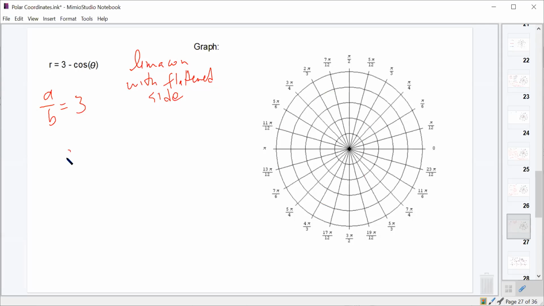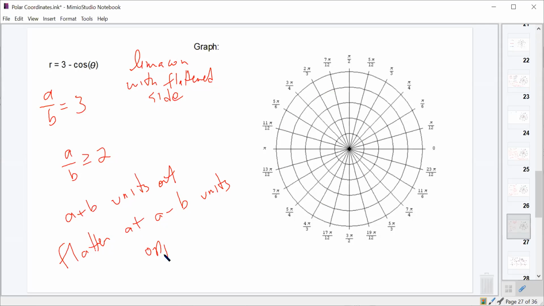And anytime the ratio of a to b is greater than or equal to 2, that's the kind of lemniscus that we will have. So it will extend out a plus b units still, and it will flatten at a minus b units on the opposite side.